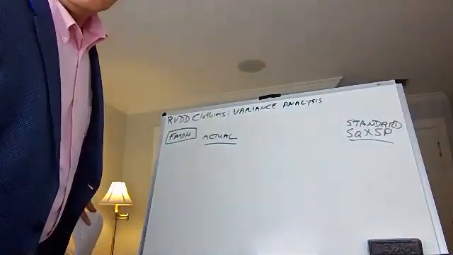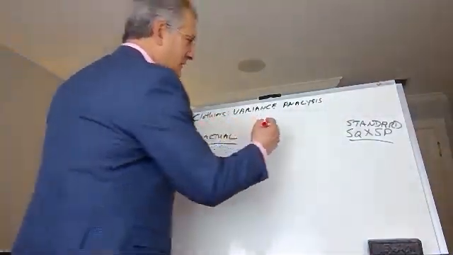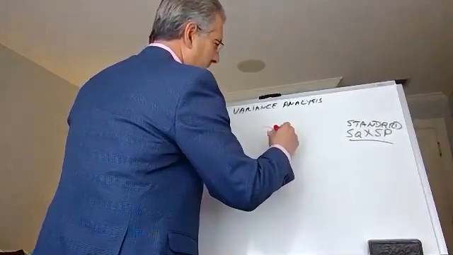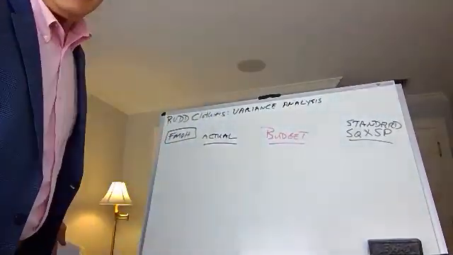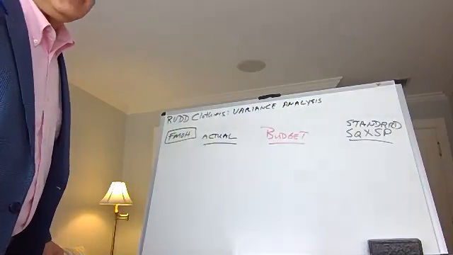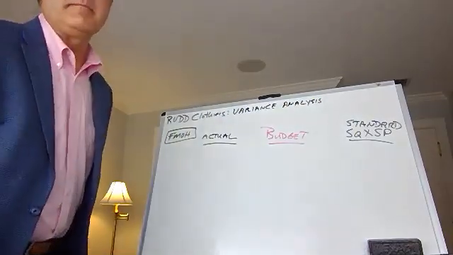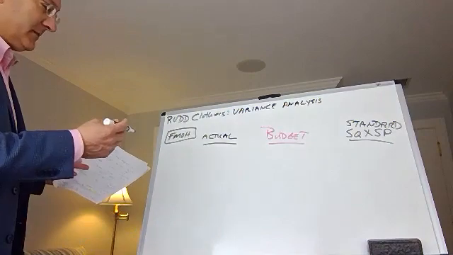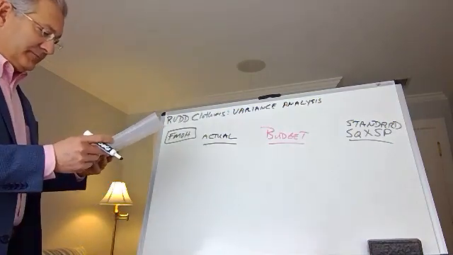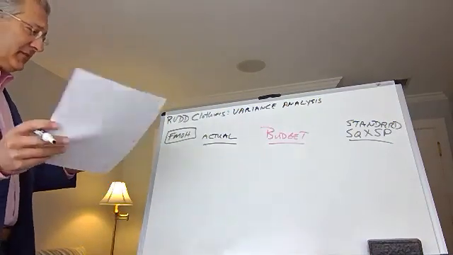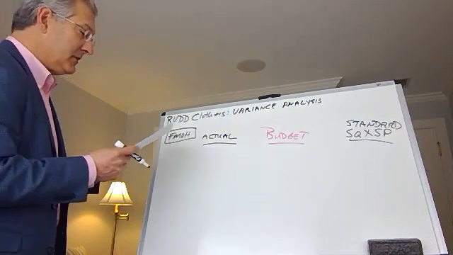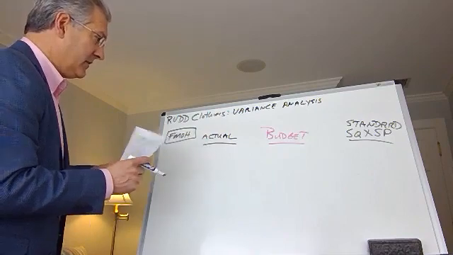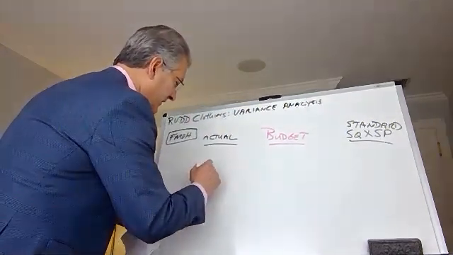But more importantly, and this is important, this middle number here is budget. It's not AQ times SP. It is budget. So they told us in the given information that the actual fixed overhead was $49,000.